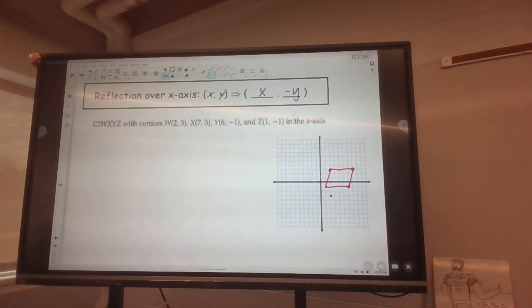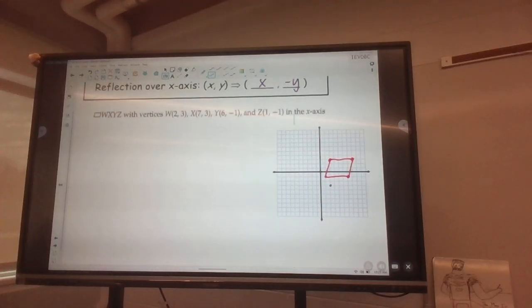So if you want to think about it that way, the new w, the 2 would stay the same, but the 3 would flip. The 7 would stay the same, but the 3 would flip. Now, if it was a negative 1, it's going to become a positive 1.